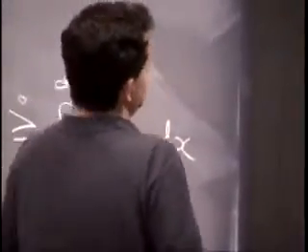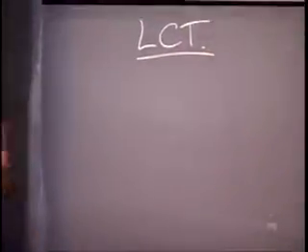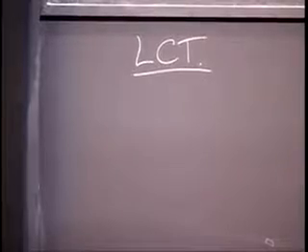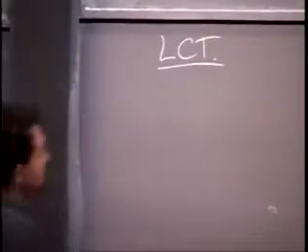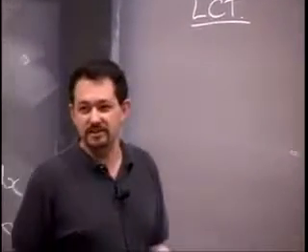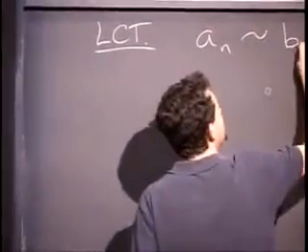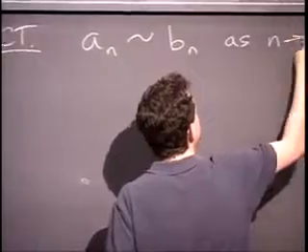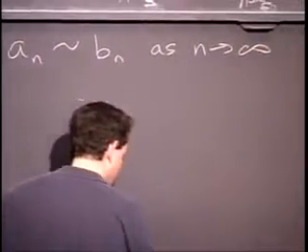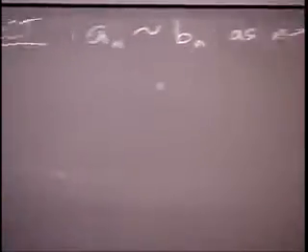Okay, so before I give examples, I'll just state the other two tests, and then we can do a bunch of examples. And you'll see how similar they are to improper integrals. The limit comparison test, to set this up, we need a twiddle notation. We need the concept of a_n twiddle b_n as n goes to infinity. Okay, what should that mean?